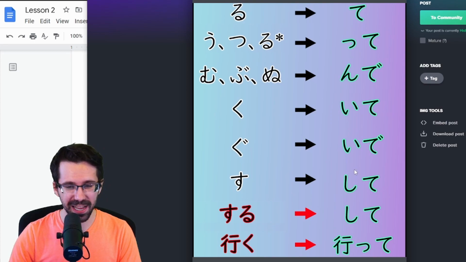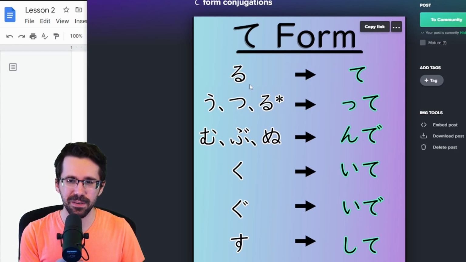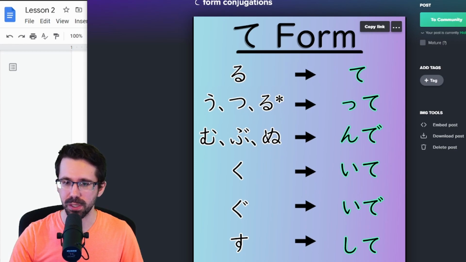We will now go back up to the top and go over this last thing that is a little bit hard. You, of course, notice that there are ru verbs on here twice. There's this one here, and there's this one here with this little asterisk. The reason why it's on here twice is because any verb that ends with ru conjugates one of two ways, which is different from the other ones.